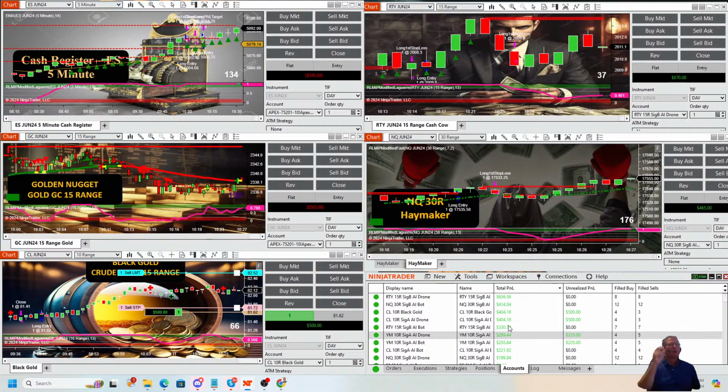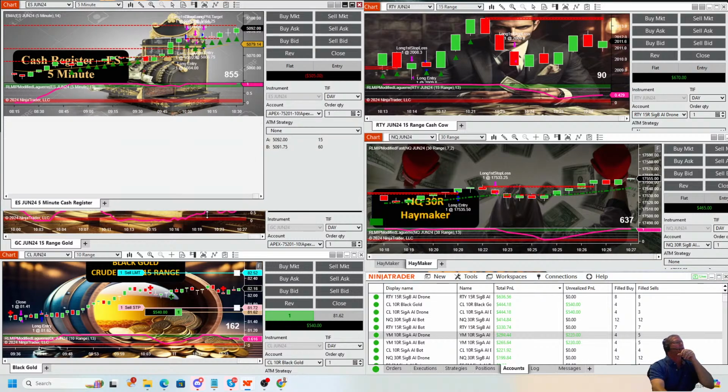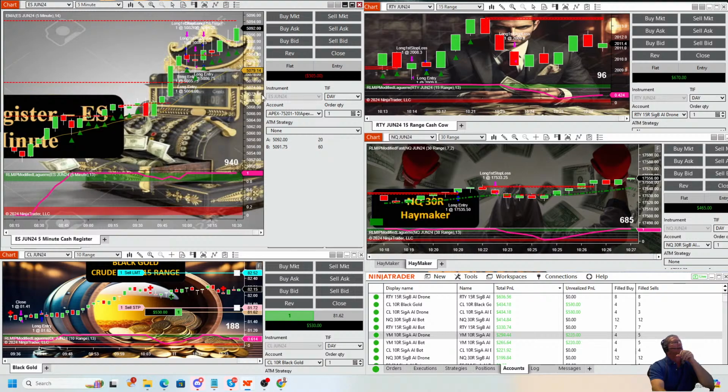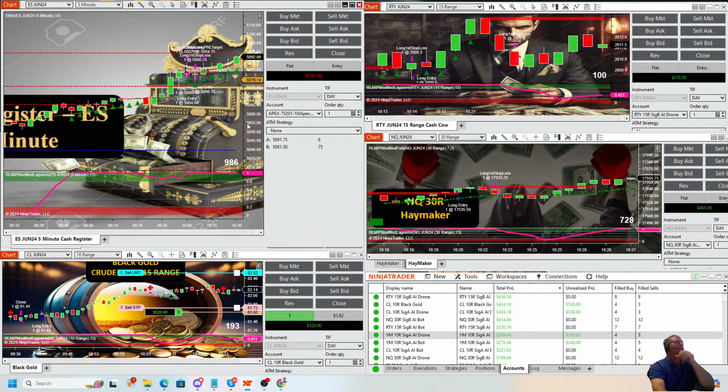What hurt me today was the ES trades on my Apex account. We have to be really careful with risk. And I have a really tight stop. And I got these long entries that just wicked me out. You can see how close it was.